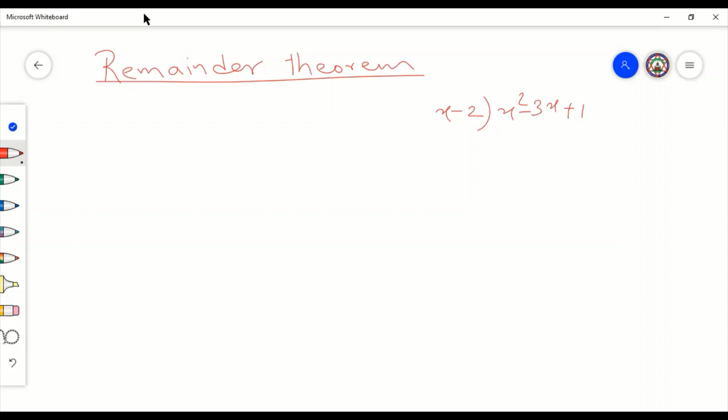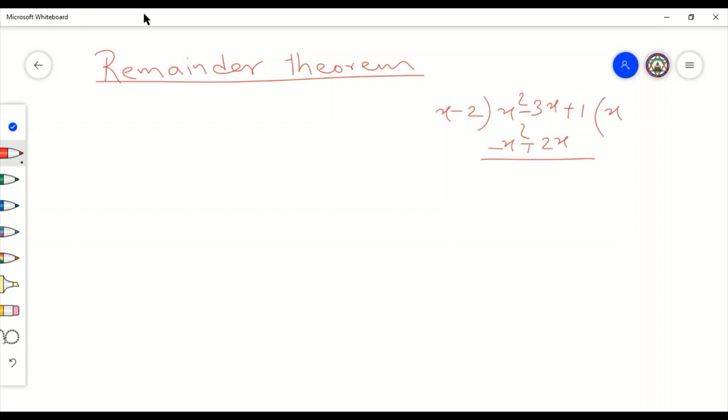Now we have to divide it by the long division method. We write x, and x times x is x squared, then minus 2x. Now we change the sign, minus becomes plus.